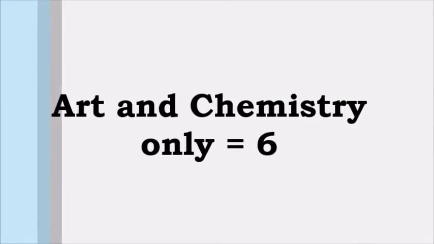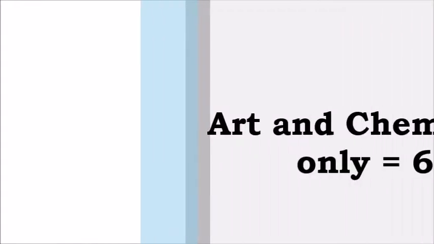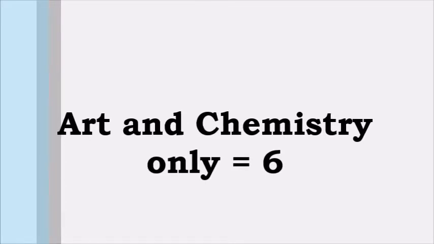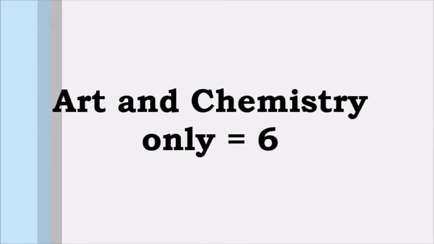Now let's look at arts and chemistry. According to the question, the number of students who do arts and chemistry but they don't do biology are 6. So in this region, they said not biology, so it means arts and chemistry only, not biology.